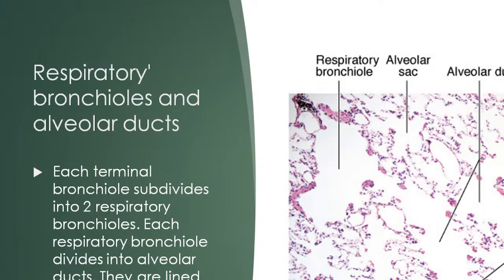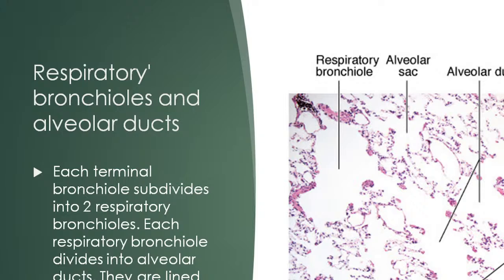Each respiratory bronchiole divides into alveolar ducts. They are lined by squamous epithelium, and the lamina propria surrounding the rim of the alveoli is a network of smooth muscle cells. The smooth muscle of the respiratory bronchioles and alveolar ducts regulates alveolar air movements.